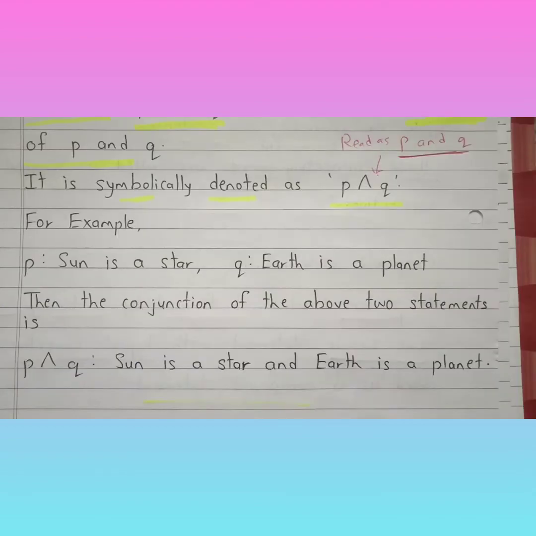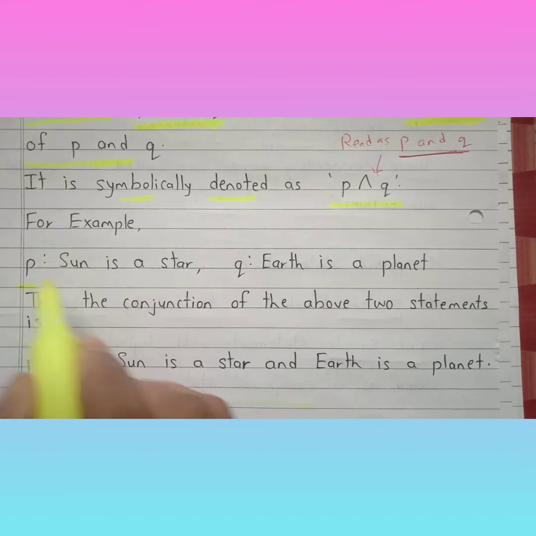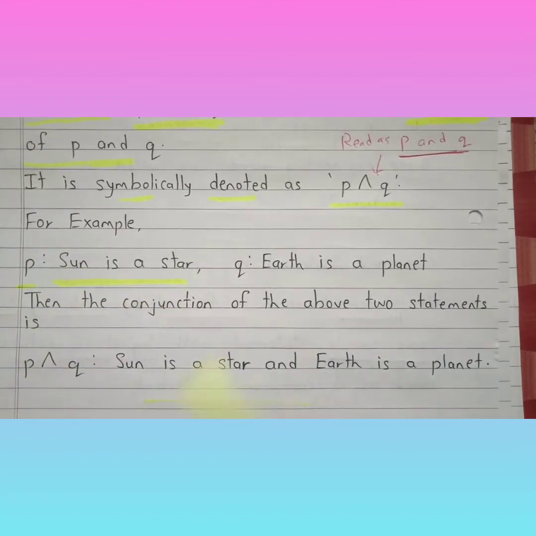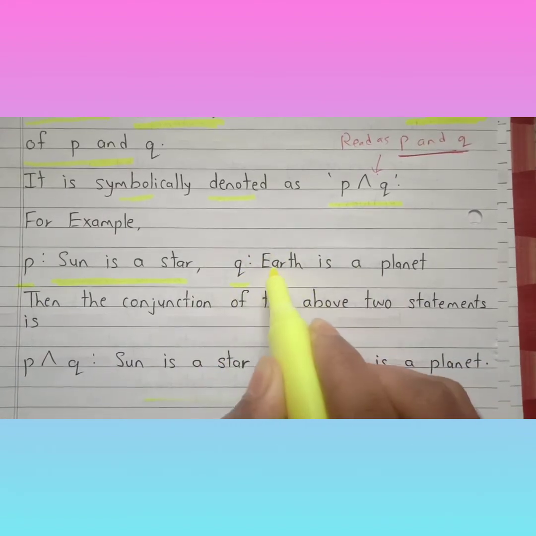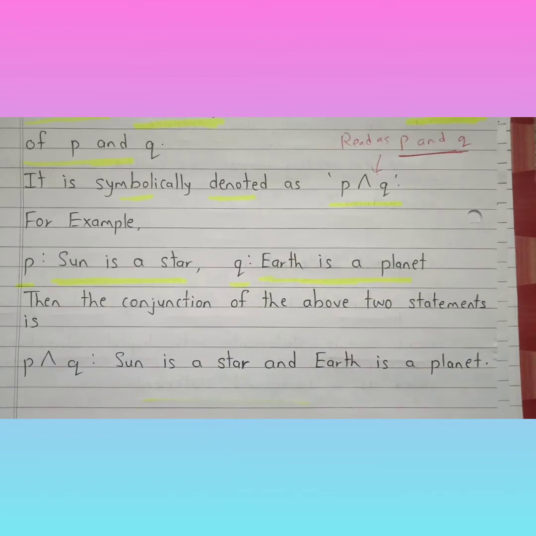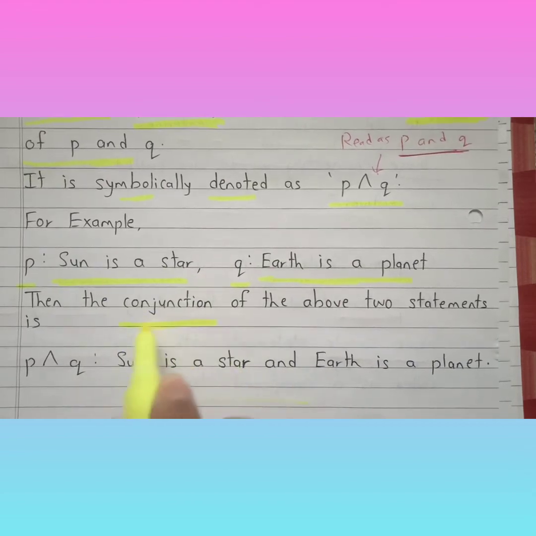Let's see an example now. Suppose P is the statement, sun is a star, and suppose Q is the statement, earth is a planet. You can see these two are totally different statements. We have to do the conjunction of the above statements.